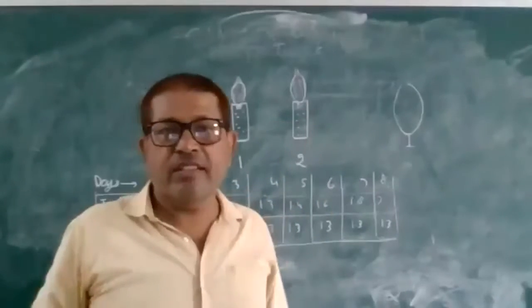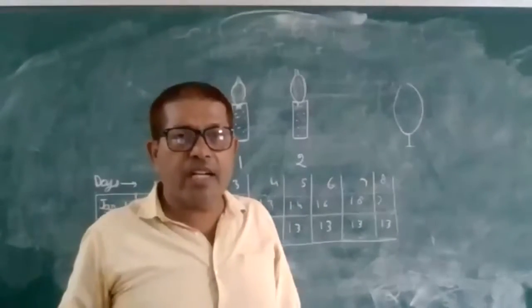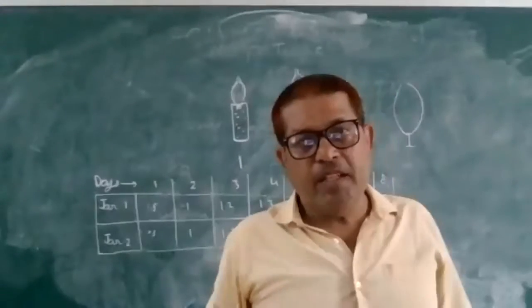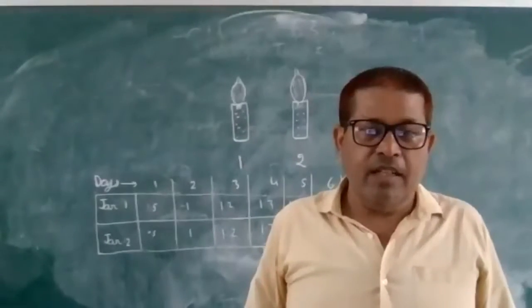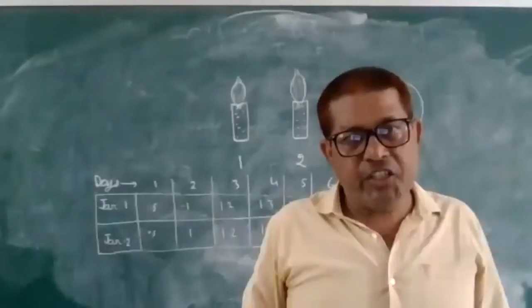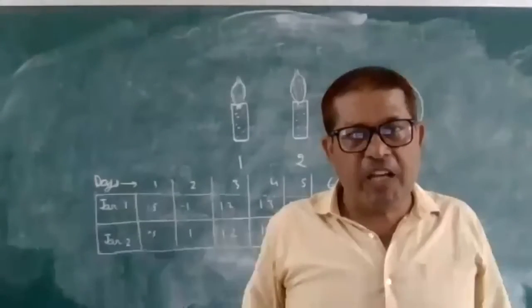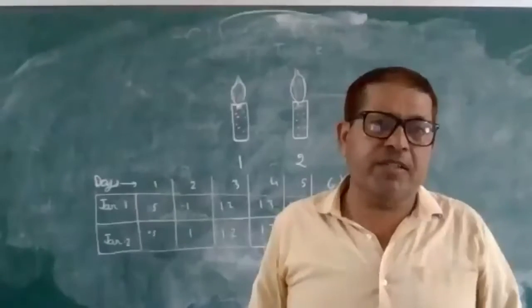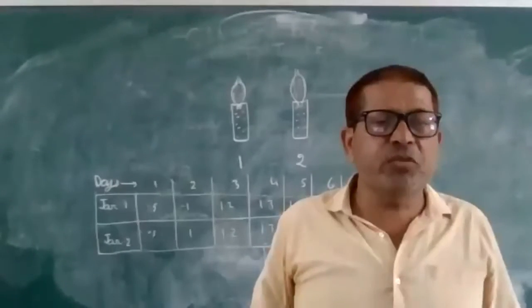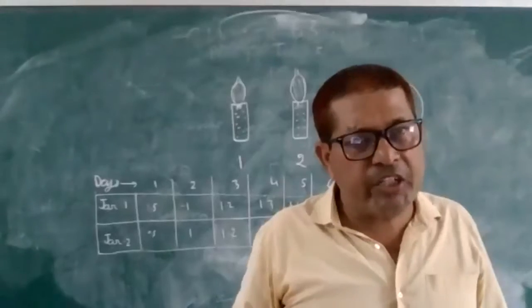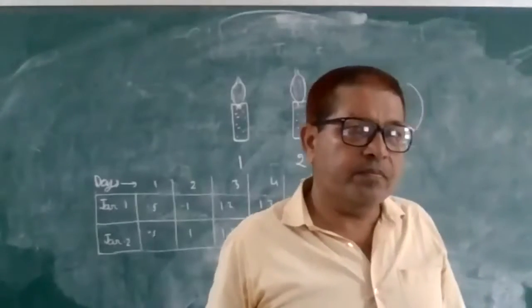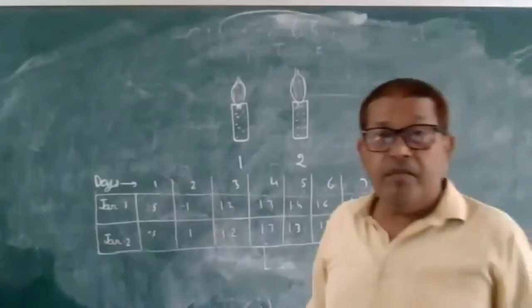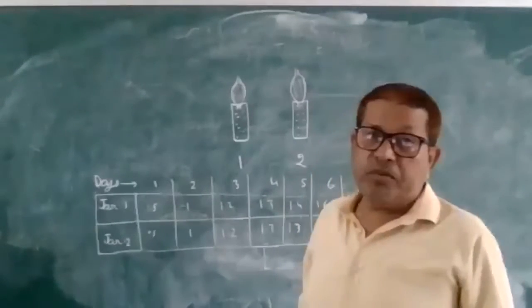What do we conclude? We conclude that the apex of the root has a tissue that is responsible for the increase in the length of the root, and that tissue is known as the meristematic tissue or the meristem.